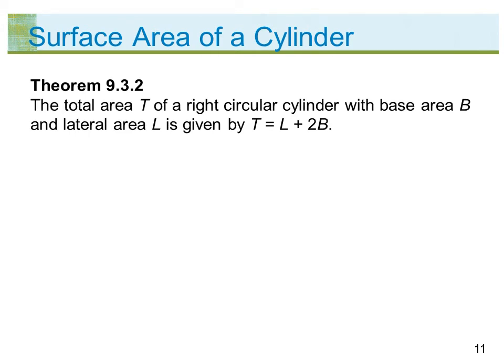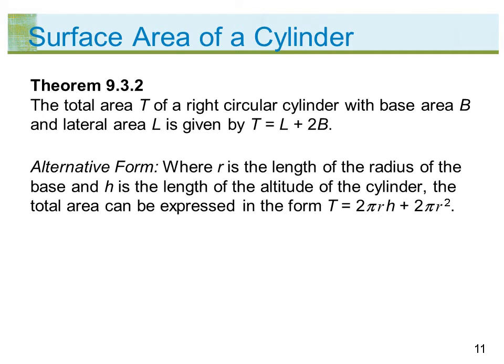The total area T of a right circular cylinder with base area B and lateral area L is given by T equals L plus 2B. Alternative form, where r is the length of the radius of the base and h is the length of the altitude of the cylinder, the total area can be expressed in the form T equals 2 pi rh plus 2 pi r squared.